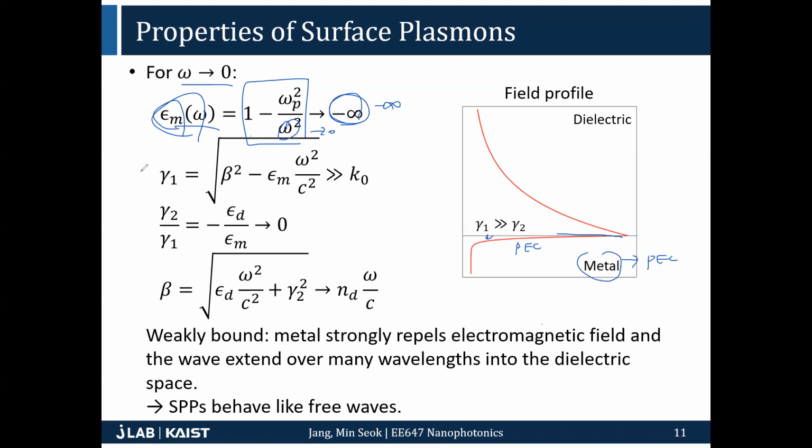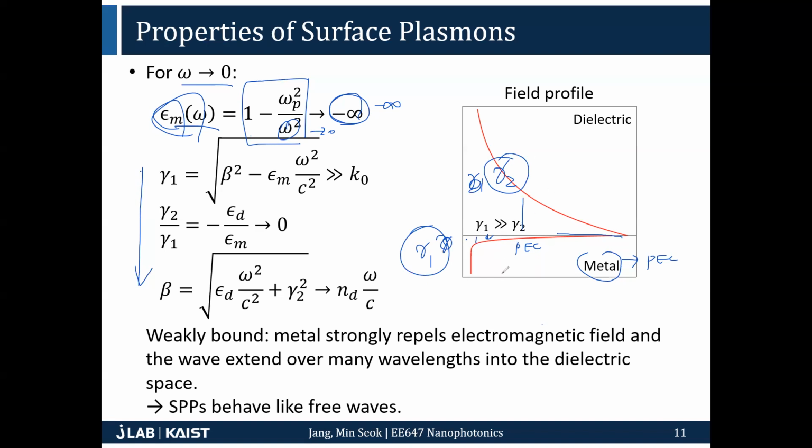You can actually deduce this property by rigorously calculating these relations. So what you need to know is this gamma 1, and I'm sorry, I guess this one is gamma 1 and this one is gamma 2, right? So the decay constant gamma in the metal and in the dielectric.